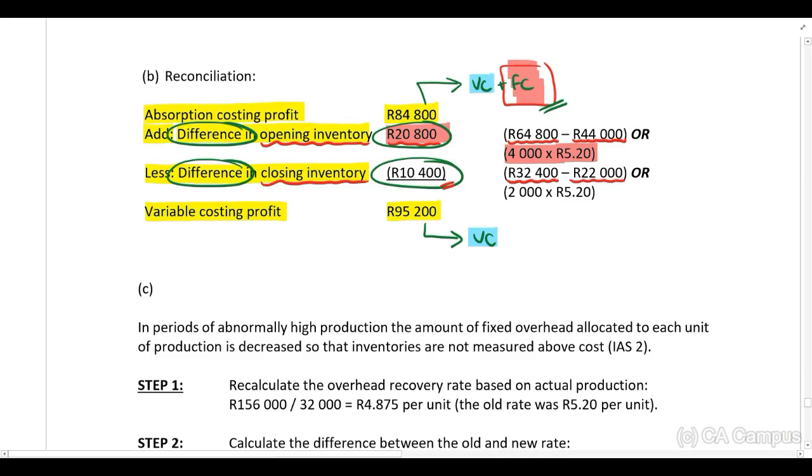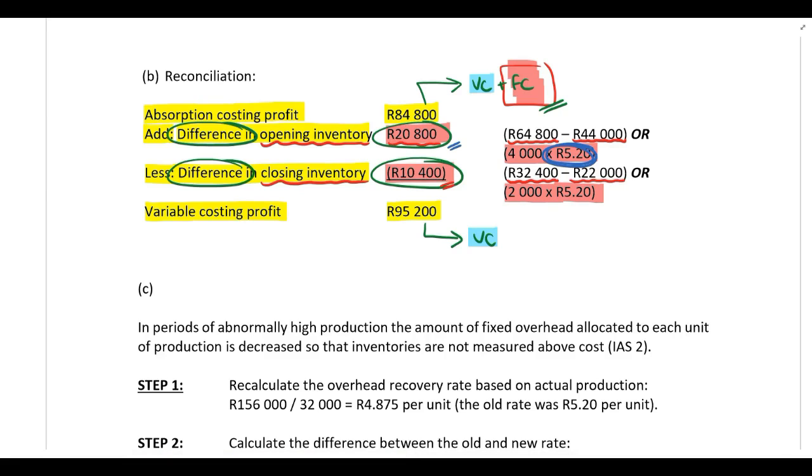The difference between the two is your fixed costs that are sitting in opening inventory. We do the same thing for closing inventory. My fixed overhead allocation rate is R5.20 per unit. We calculated that there are 2,000 units sitting in closing inventory, so that gives us a difference of 10,400 Rand.